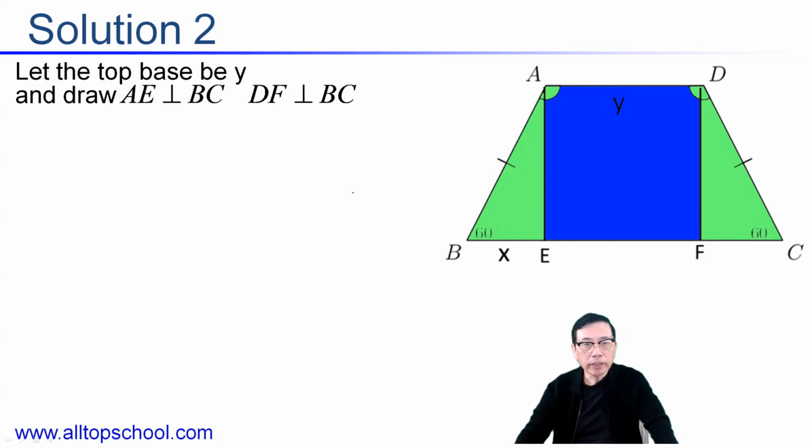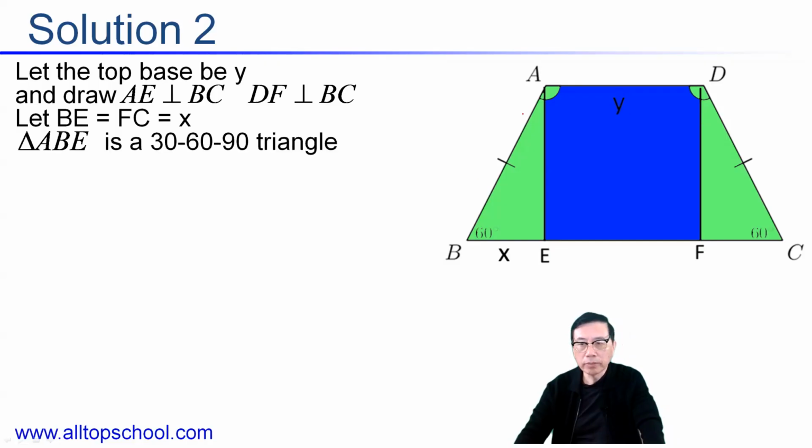Then we draw AE perpendicular to BC and also DL perpendicular to BC to split this into a rectangle and 2 congruent right triangles. And the right triangle is a 30, 60, 90 special right triangle. So I let this one equal x. AB is going to be 2x because of the ratio 1 to square root 3 to 2 for the special right triangle.